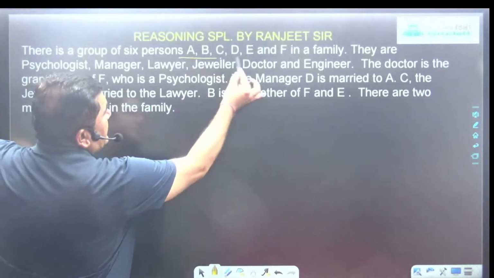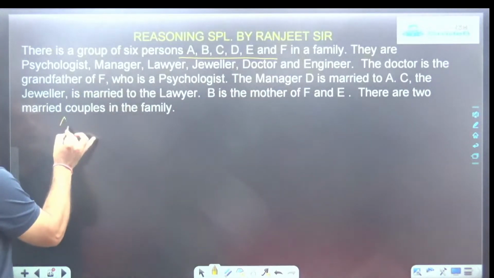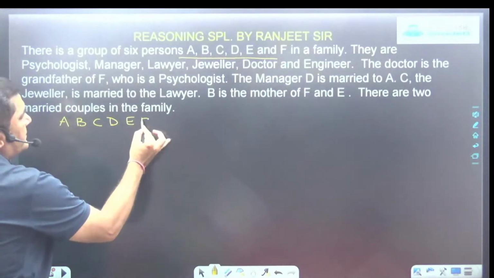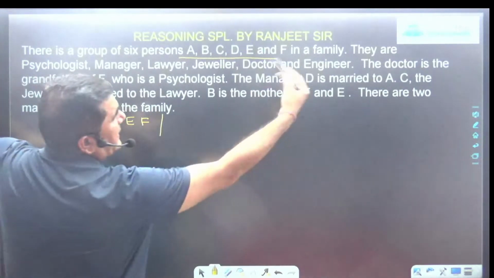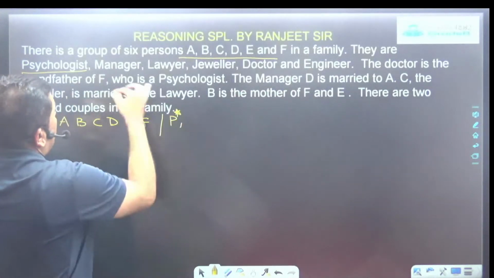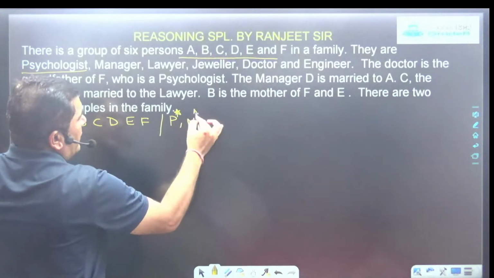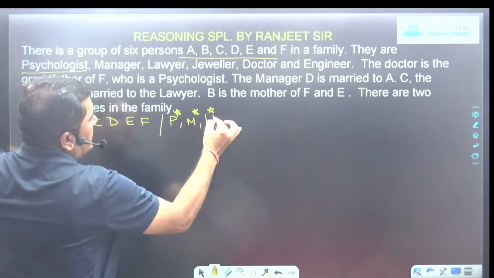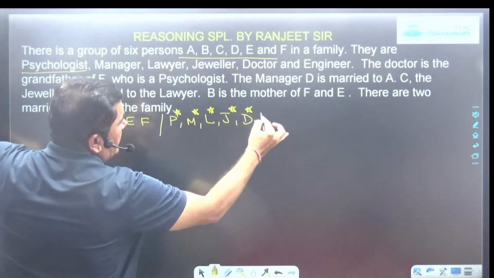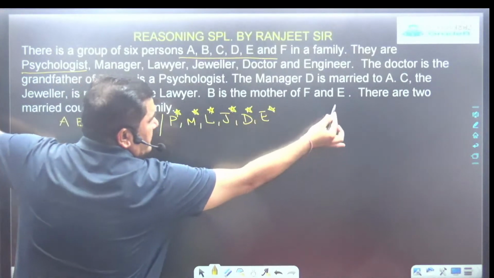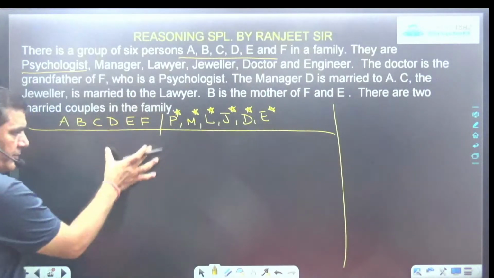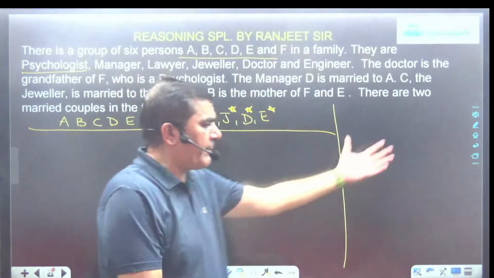There are 6 persons A, B, C, D, E and F. So I will write A, B, C, D, E and F. And these 6 persons are psychologist, P star; manager, M star; lawyer, L star; jeweler, J star; doctor, D star; engineer, E star. Okay. So here I am going to draw the individual family trees, and then combine all of them together.